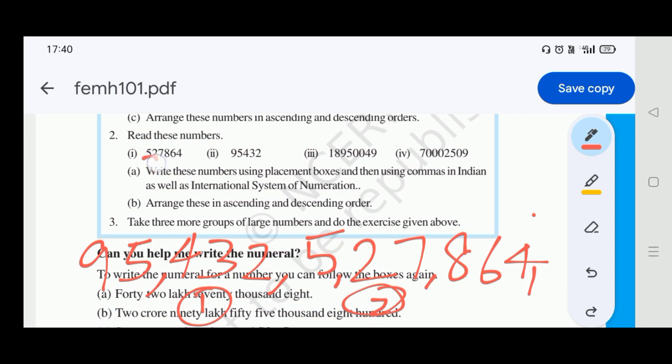And the third number would be, just count the digits, 1 2 3 4 5 6 7 8. Over here it is also 1 2 3 4 5 6 7 8. So both have the same number of digits.